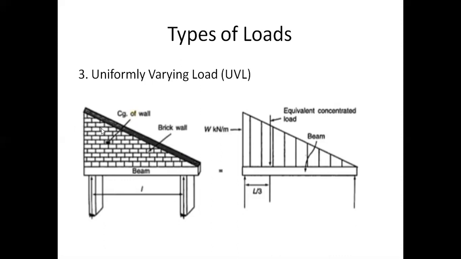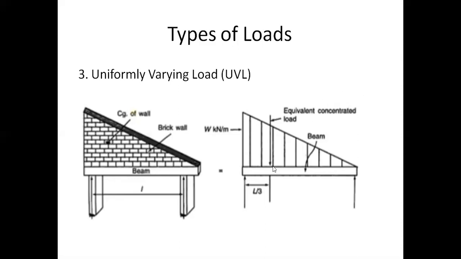Now, if you see the brick wall, the load is varying. It starts from 0 at this point and goes till the end. The load is varying, but the variation is not abrupt. The variation is uniform for the entire span. So this is called uniformly varying load.